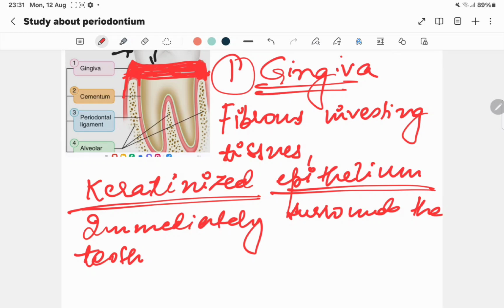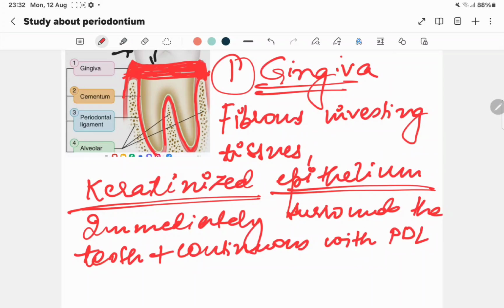And it is also continuous with the periodontal ligament. This is your periodontal ligament, and it is continuous with the periodontal ligament and the mucosa of the mouth. Here we also have the mucosa of the mouth, the cheek. Imagine cheeks over here.